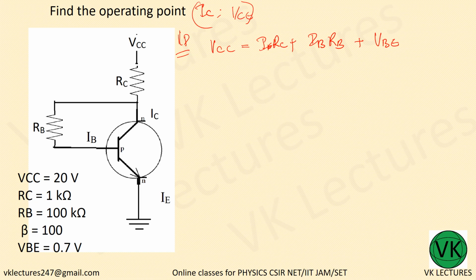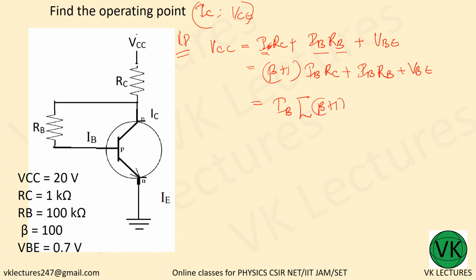Okay, so what is this? I is nothing but beta plus 1 into IB into RC plus IB RB plus VBE. So take this IB outside: IB into beta plus 1 into RC plus RB, plus VBE.